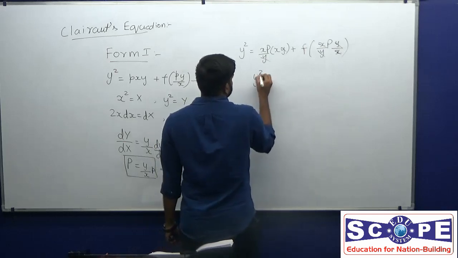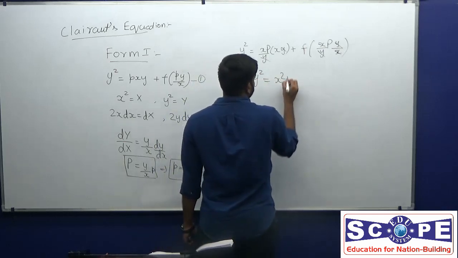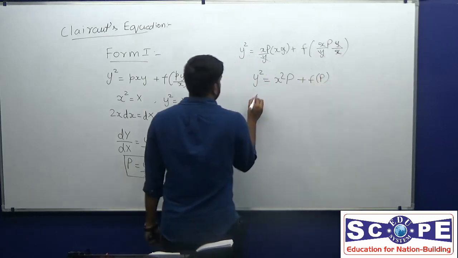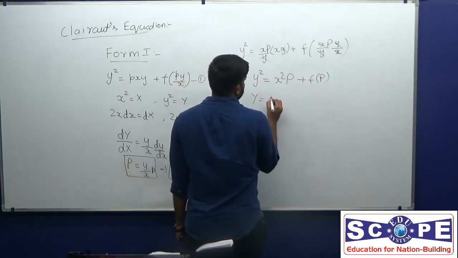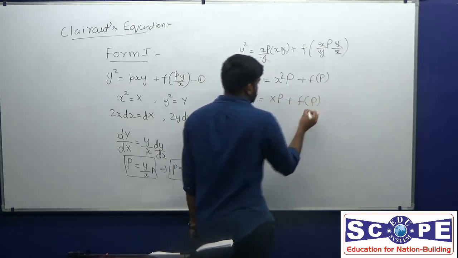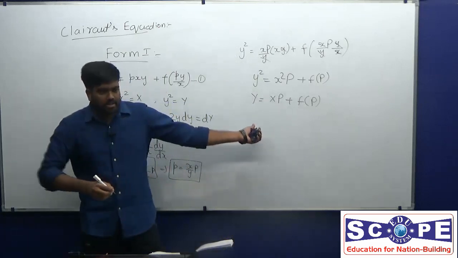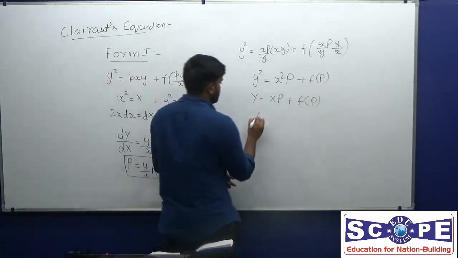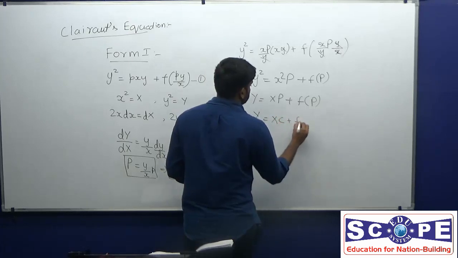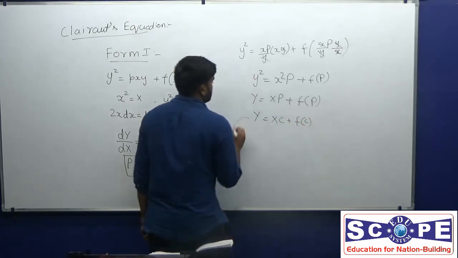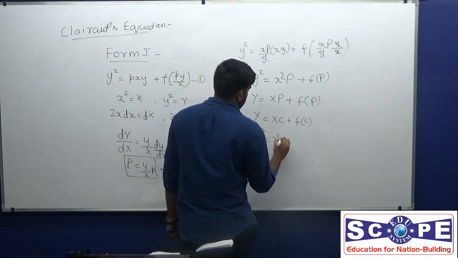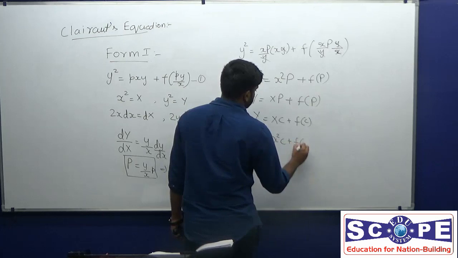You will simply get y square equal to x square P plus f of capital P, but we have taken y square as capital Y and x square as capital X. See, again we got a Clairaut's equation here, then just substitute Y equal to XC plus f of C. So ultimately you will change it as y square equals to x square c plus f of c.